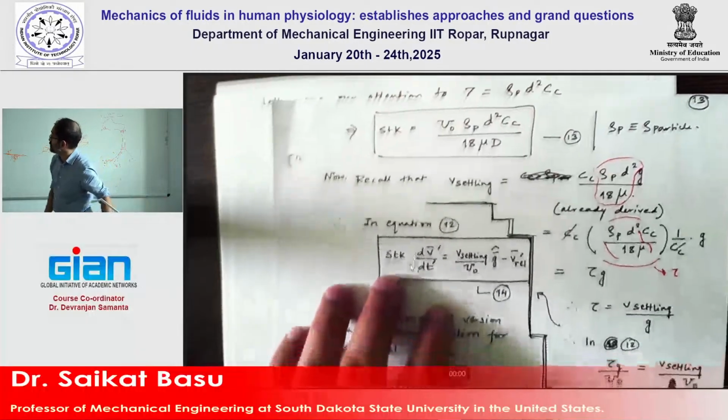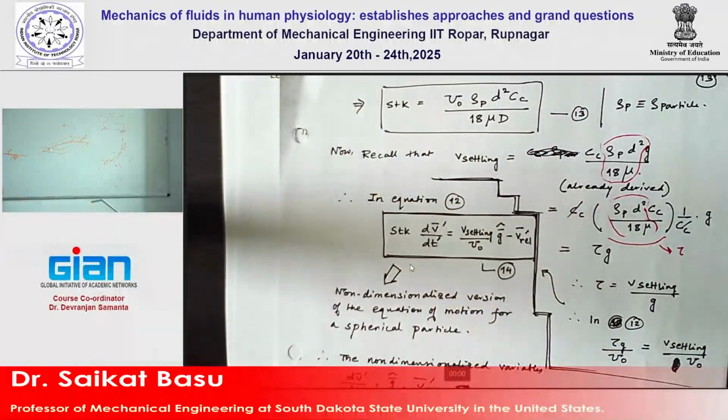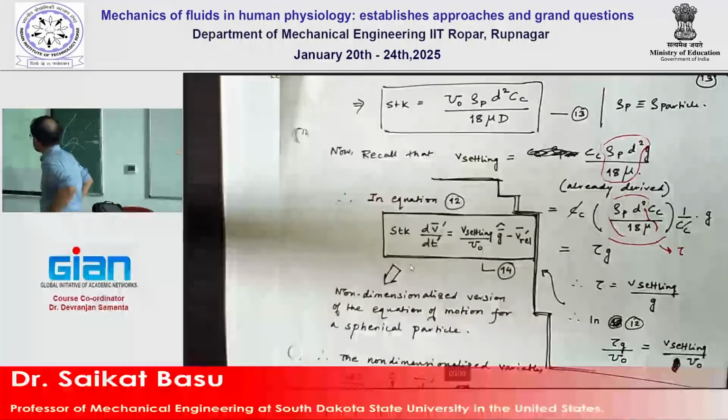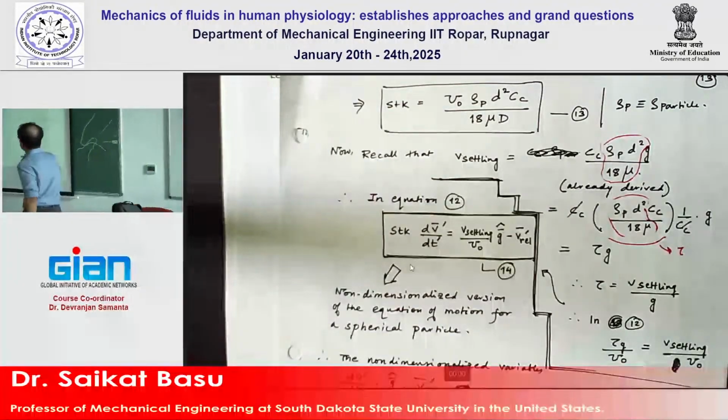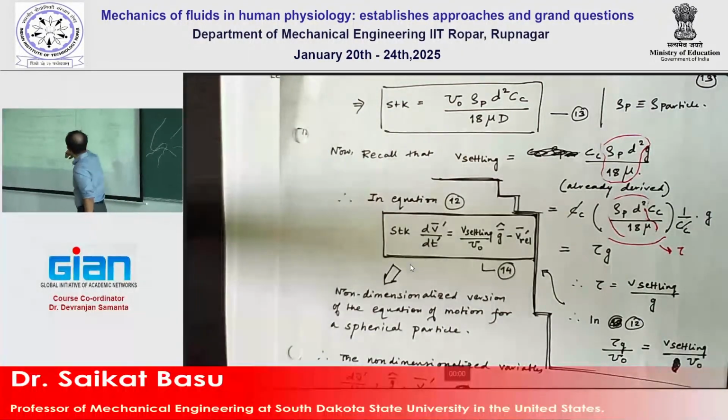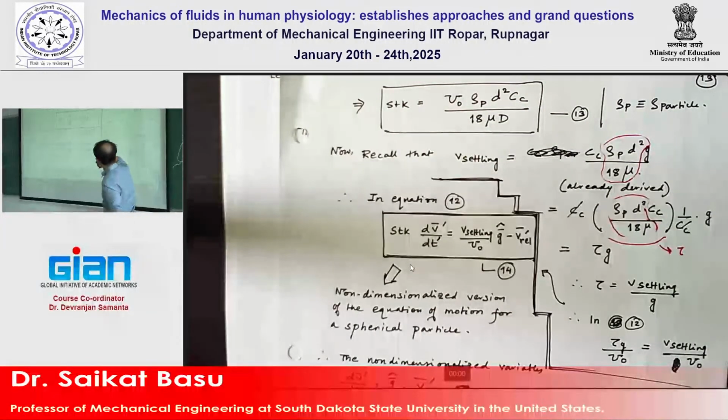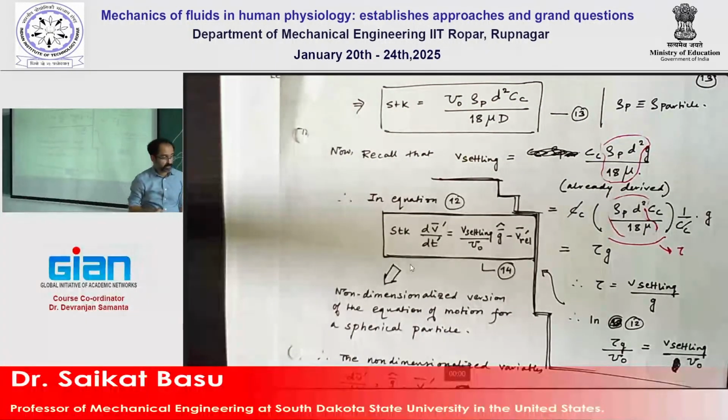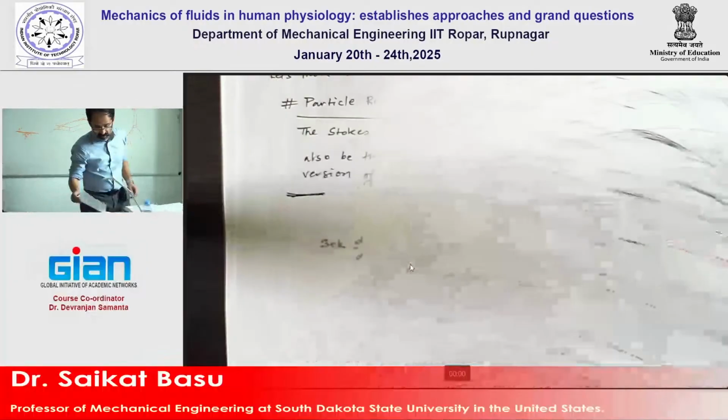So equation 14 was this: STK dV prime over dt prime is equal to V setting over U naught. Now we are ignoring the gravitational term. We are just including the V relative term into the mathematics over here.